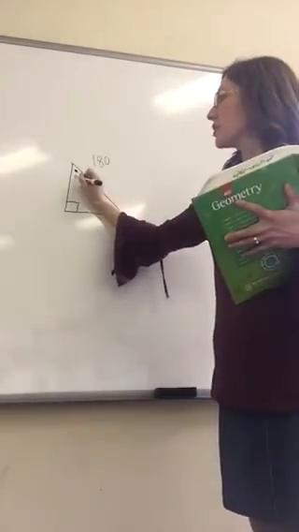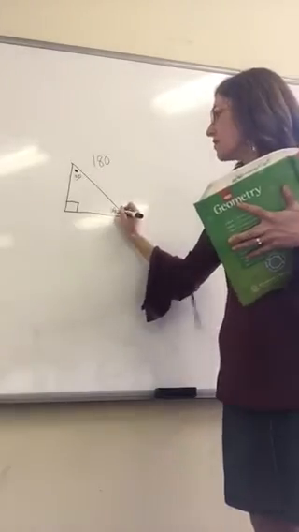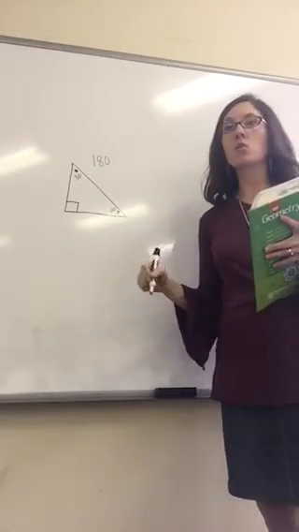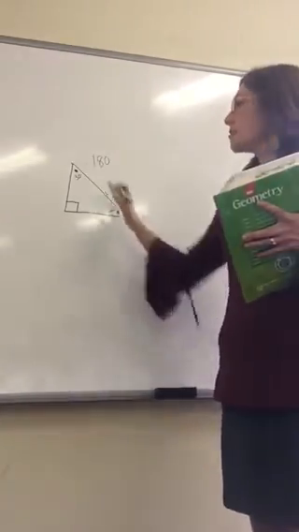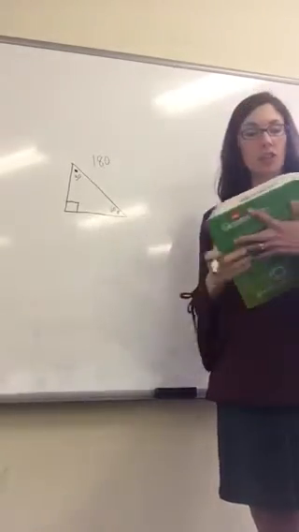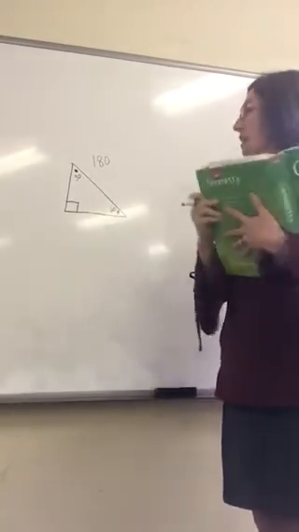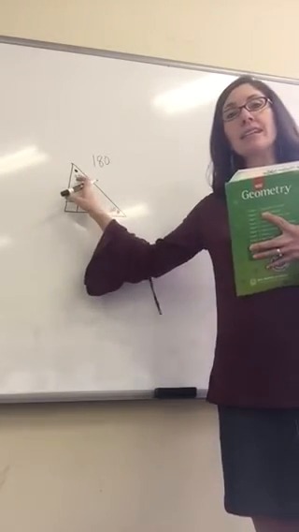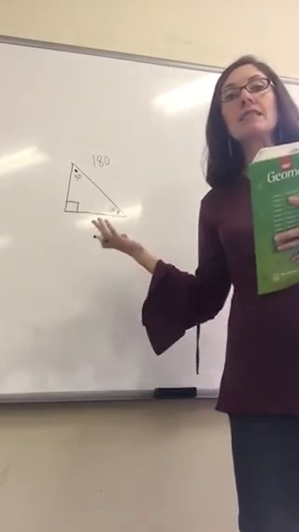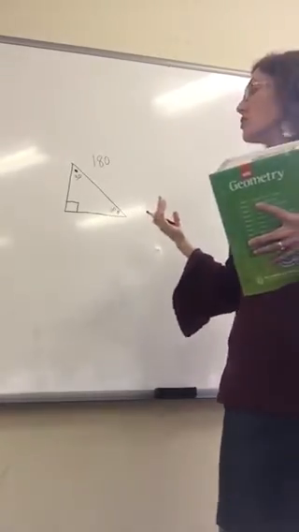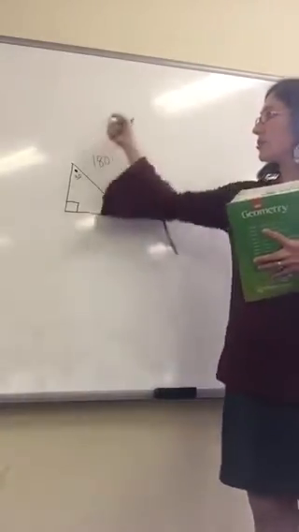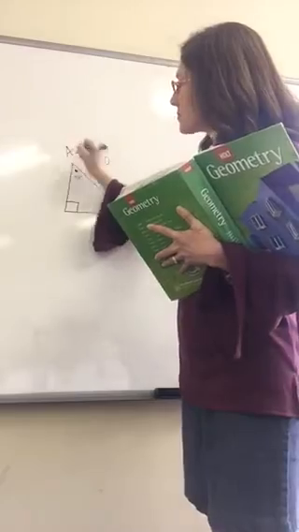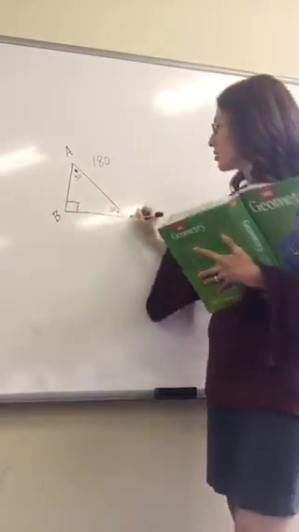For example, 30 and 60, or 45 and 45, or 20 and 70, some combination that makes them both acute. And it also makes them both add up to 90 degrees because that's what's left in this triangle to share. So we'll call this angle A, angle B, angle C.